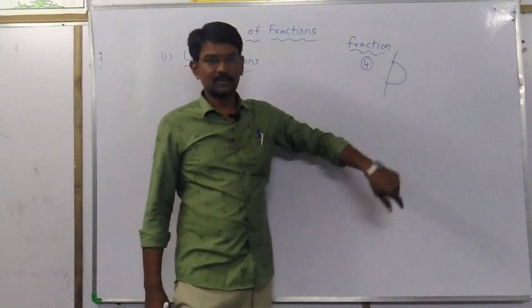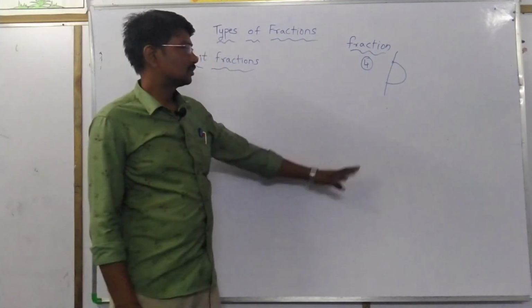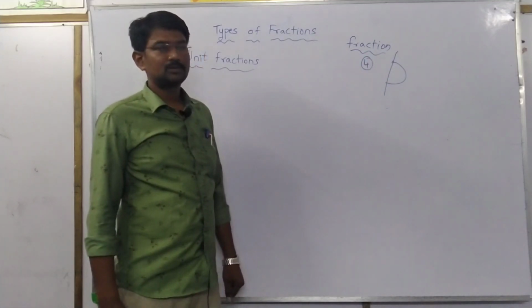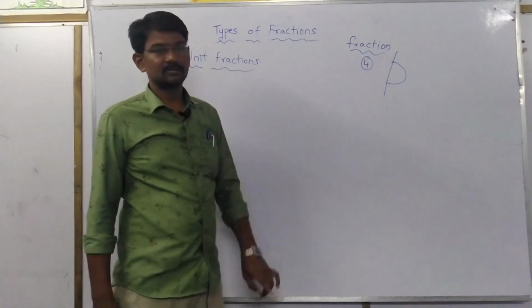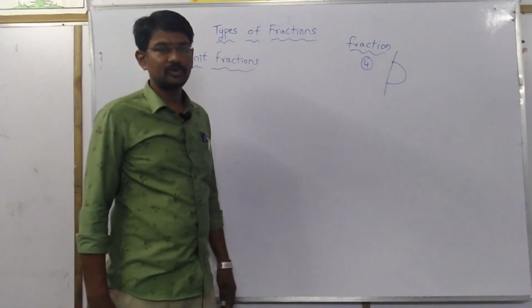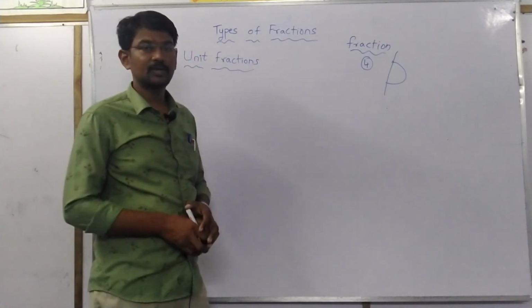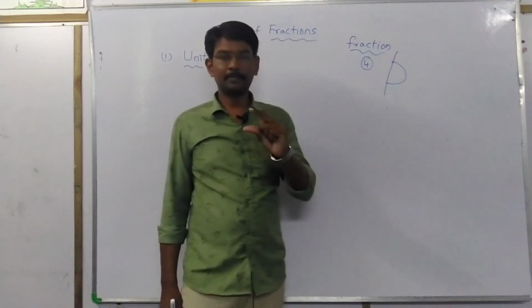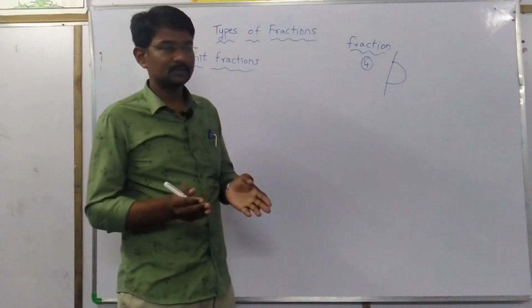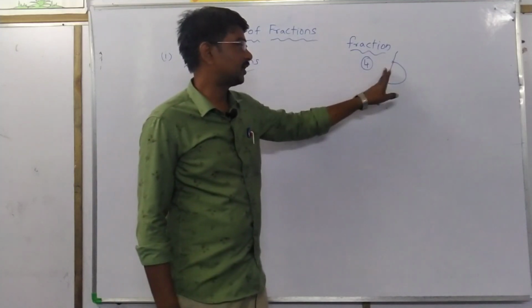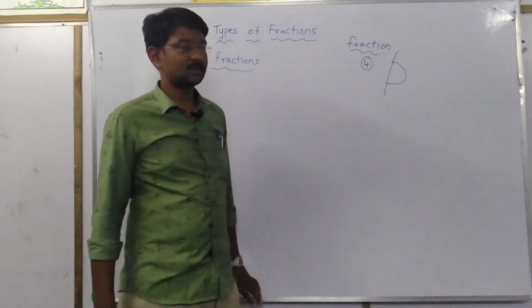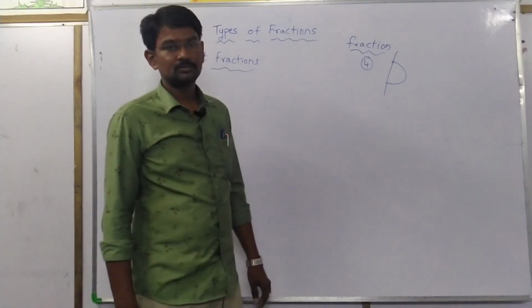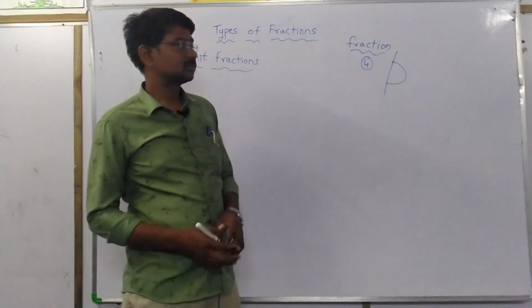Total cake is 1, and he took some part of the cake. So in this case we use fractions. What is a fraction? A tiny part or some part of a whole thing. One whole thing, but we take some part. What is the part? 1 by 2. So that is a fraction.